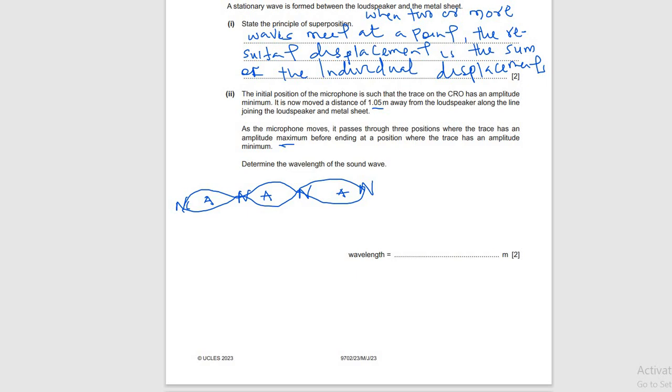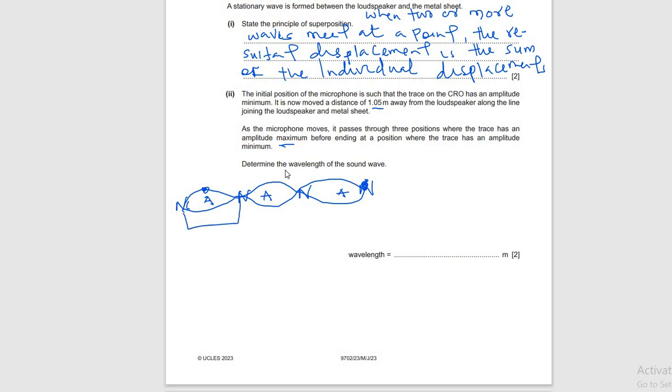Let me repeat it again. As the microphone moves, it passes through three positions where the trace has an amplitude maximum, before ending where the position has an amplitude minimum. It starts from amplitude maximum and goes towards minimum. This is the possibility of what the question is talking about.